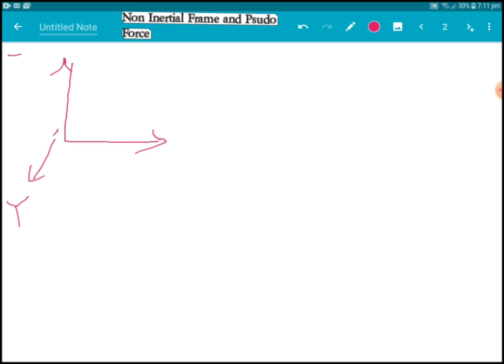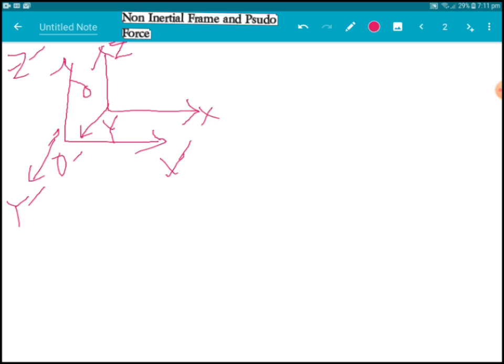y dash, z dash, O dash, x dash, and another frame which is here, z, this is y, and this is x.